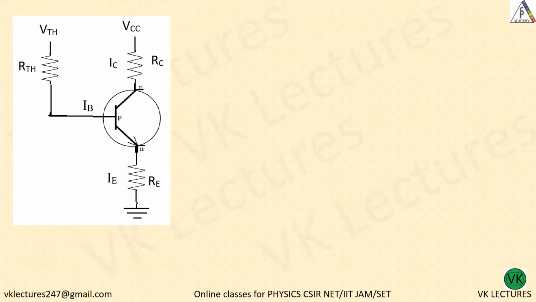Now you see we have the output KVL. What we have found out just now is IC is equal to (VTH minus VBE) divided by RE. Leave it like that.